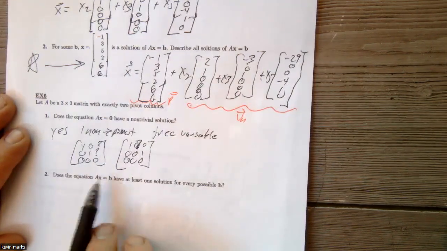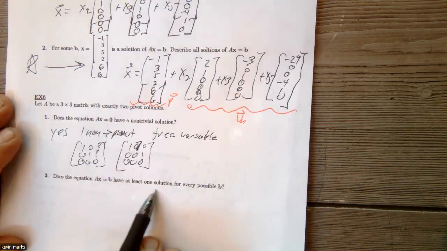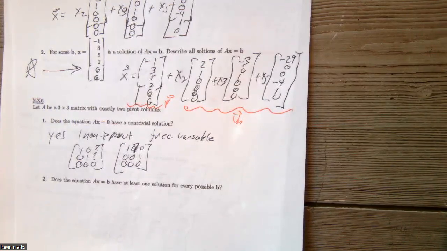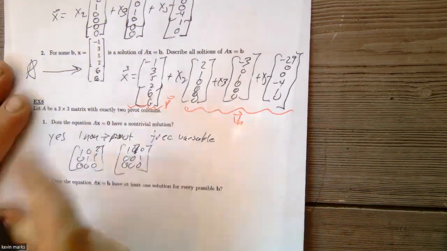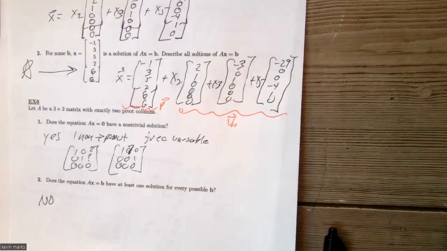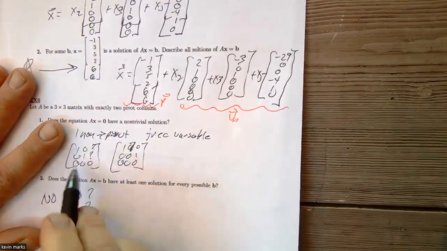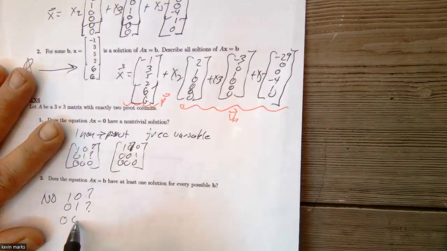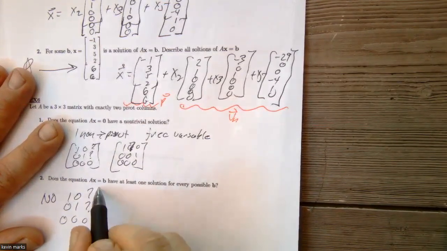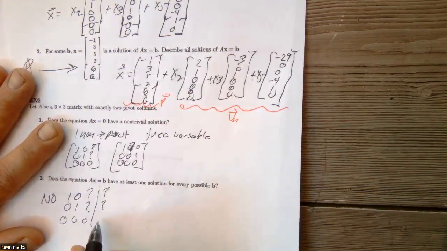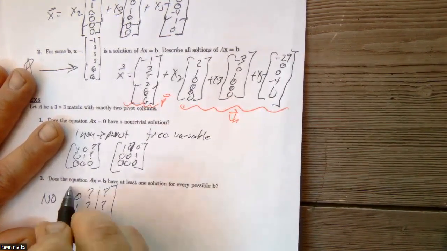What if I had A and B? Does the equation Ax equals B have at least one solution for every possible B? That would be no, right? If you had two pivots here, then there would have to be a row of 0 0 0. What that means is it's potentially possible to augment that with a B where you had a blah, blah, and then there could be a number here, right?